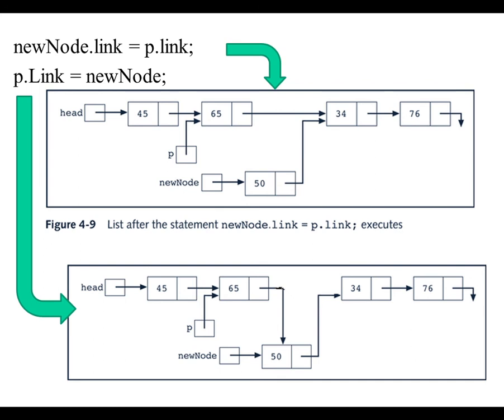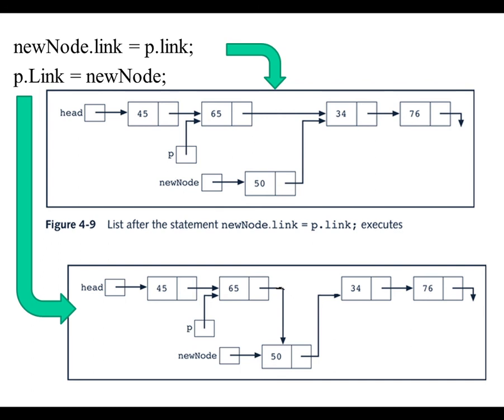Note that the sequence of statements to insert the node is very important because to insert the new node in the list, we used only one reference variable p to adjust the links of the nodes of the linked list. If we reverse the sequence of the statements, we do not get the desired result.